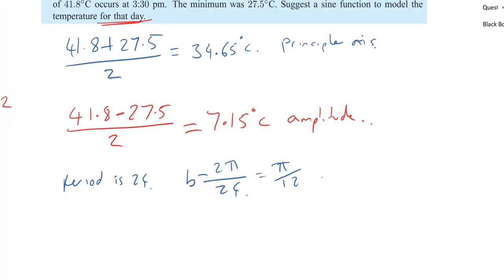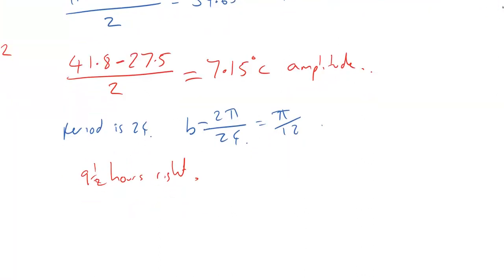Well, this is 9.5 hours after midnight, right? Sorry, before midnight, I should say. So that means we have had a shift, haven't we, of 9.5 hours to the right. So we can think about that when we put together our sine function too. We've gone to the right by 9.5 hours.